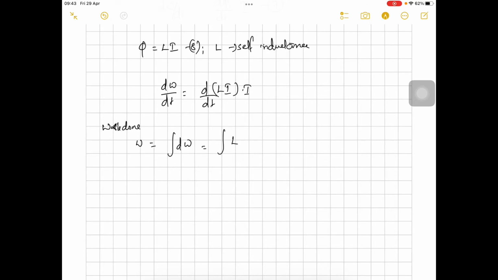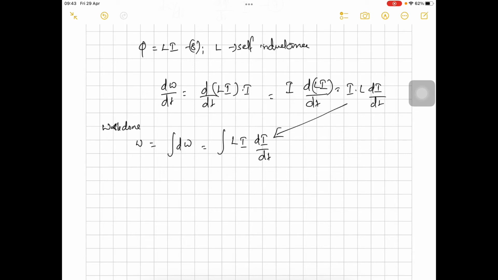L is a constant, so L is taken outside, leaving I times di.